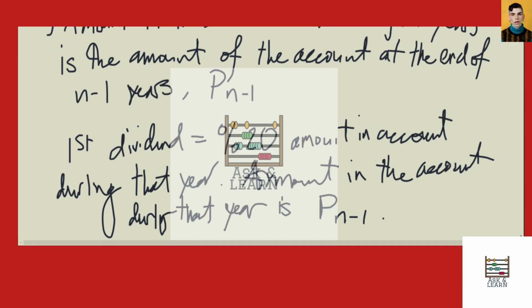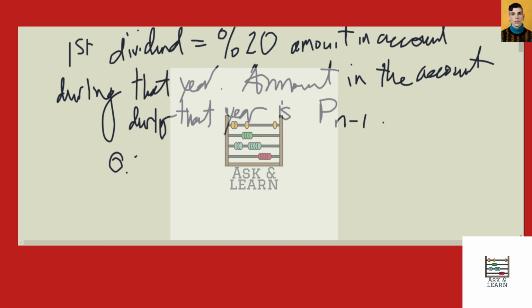And so the first dividend is going to be 20% of Pn minus 1, which is 0.2 Pn minus 1.